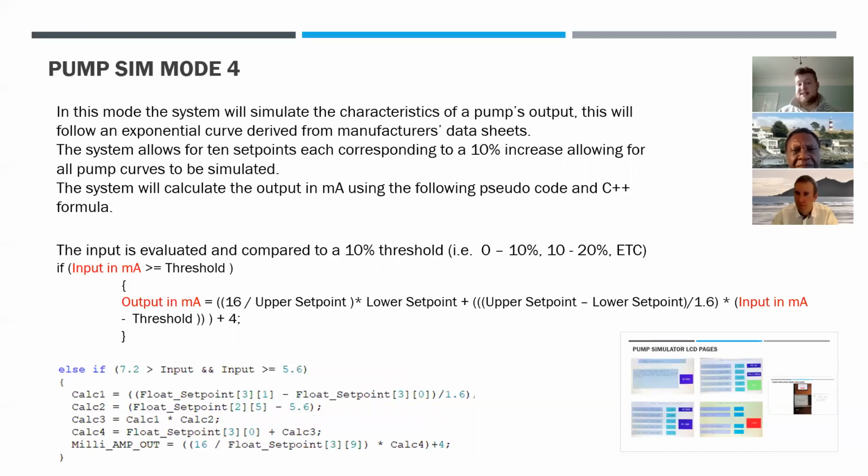So there's 10 set points altogether. What we do is we ask the user to put in every 10% increase in the amount of flow, and they put the corresponding pump curve value in there, and then later on, when you click run, for the percentage that you want through, it will work out the pump curve from that.